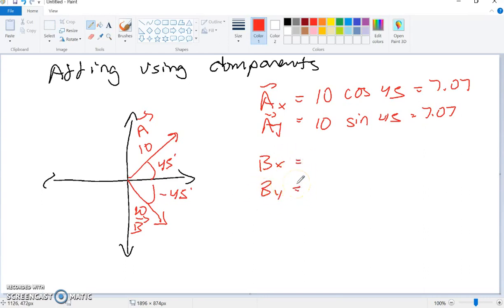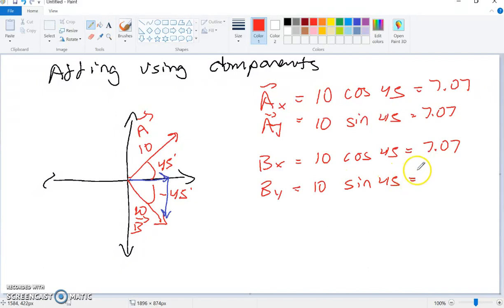So if you do that, you would say, oh, okay, this is going to be 10 cosine of 45 again, which is 7.07. Because if you think about B, B is going to have this piece, that's BX, and this piece, that's BY. So BY is going to be 10 sine 45.